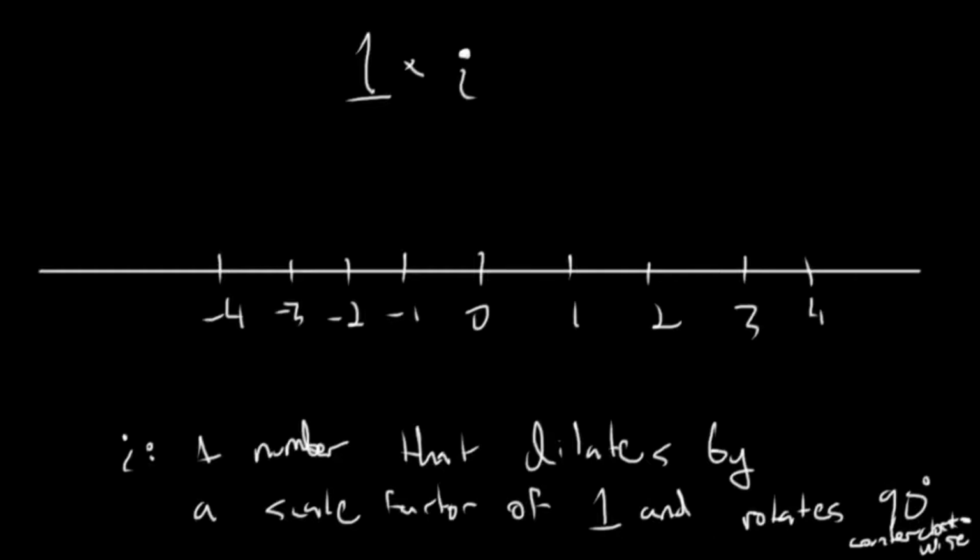Where does that take us? That takes us to a complex number line, and that is going to be right there. So multiplying by i takes a ray of unit 1 and rotates it 90 degrees counterclockwise.